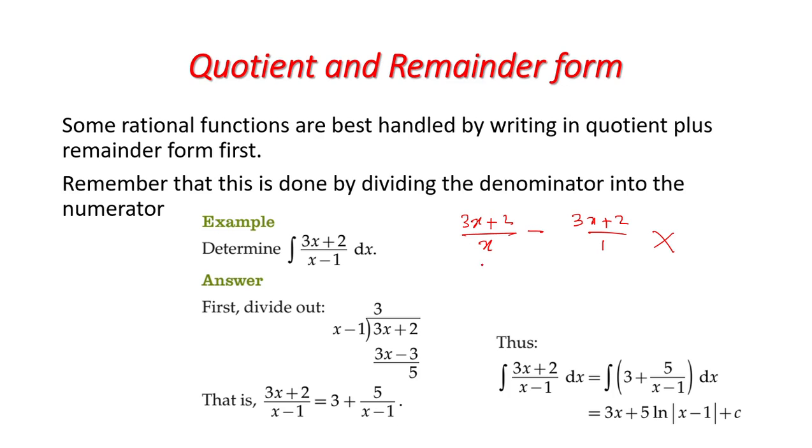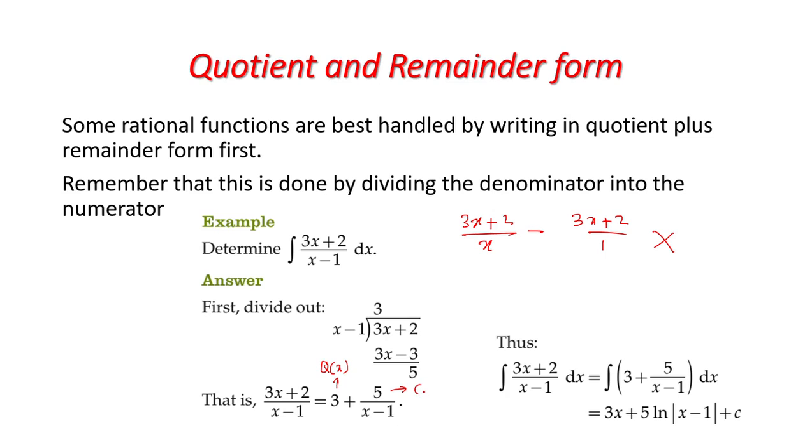So in this example, your p(x), your polynomial, will be 3x+2. Outside the bracket is your divisor, d(x), so x-1. You multiply by 3 to your divisor, so therefore you will have a remainder of 5. So what you get here is what we call the quotient, 3.